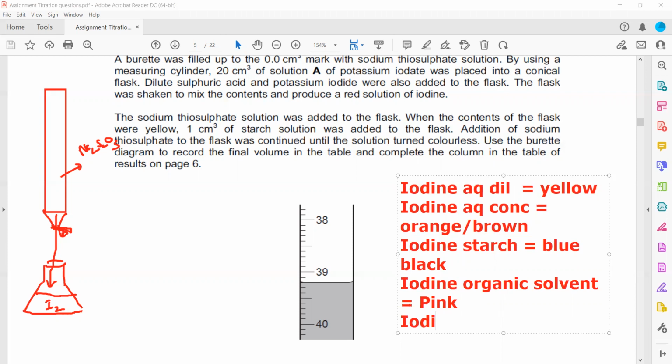And iodine itself, iodine in the solid state, is violet or purple. So these are the colors of iodine.